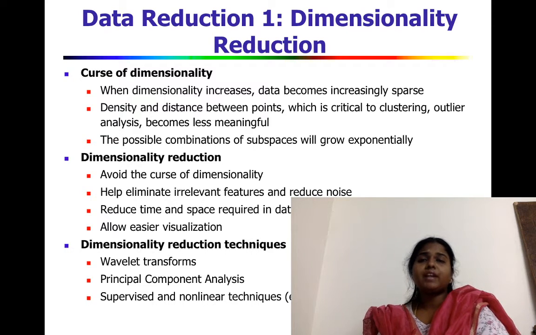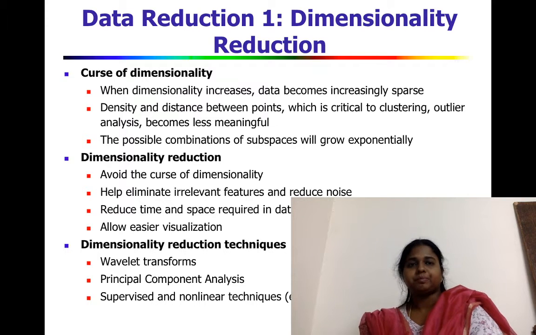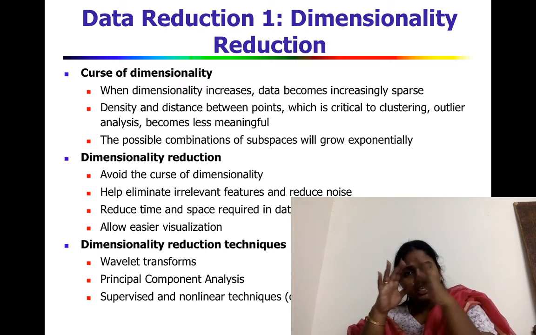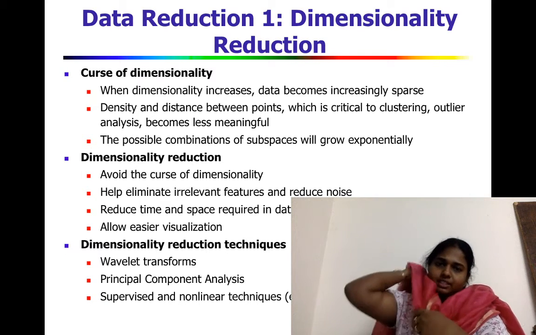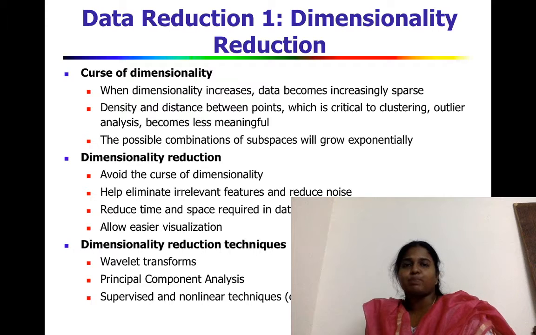This dimensionality reduction is very, very essential because it causes a problem called the curse of dimensionality. When I say curse of dimensionality, it means when the dimensionality of your database increases, the number of rows across the number of columns increases, the data becomes increasingly sparse.